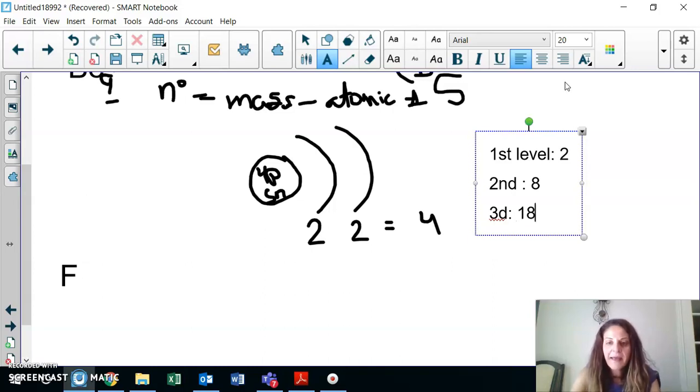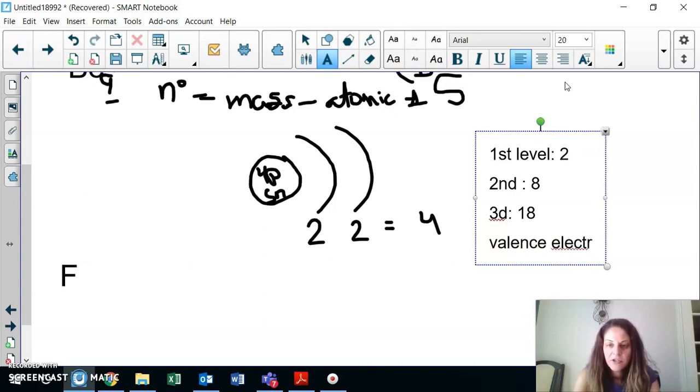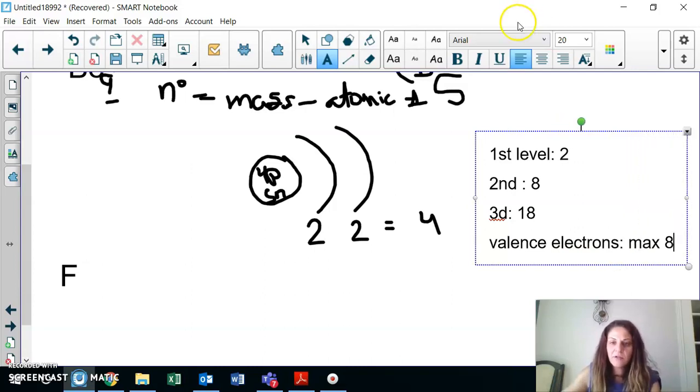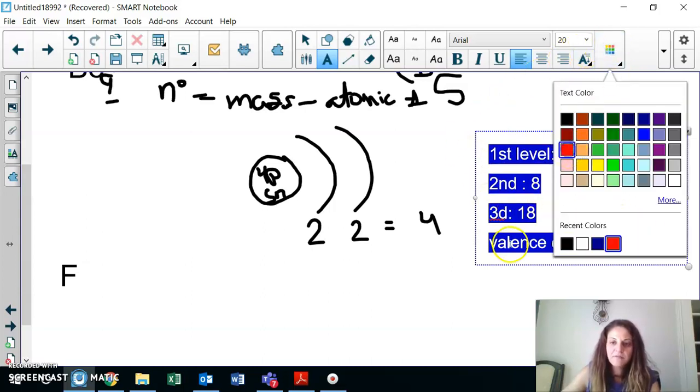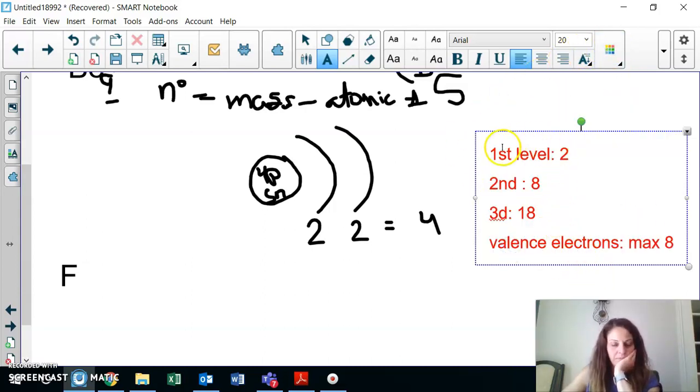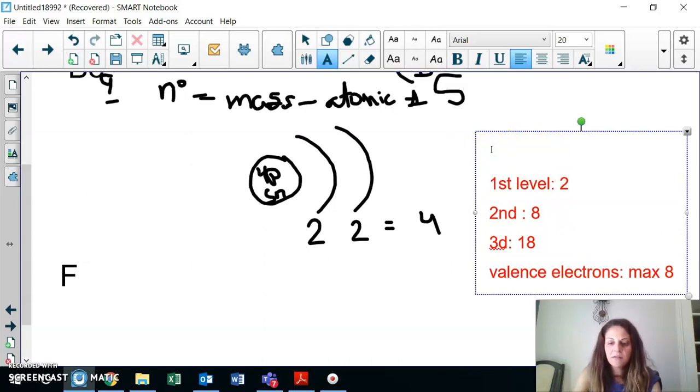And in addition to that, valence electrons, no matter how many shells you have, is a maximum of 8. Very important information to write. So this is the number of electrons on each shell.